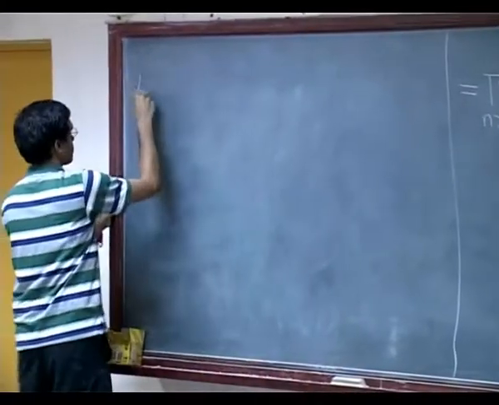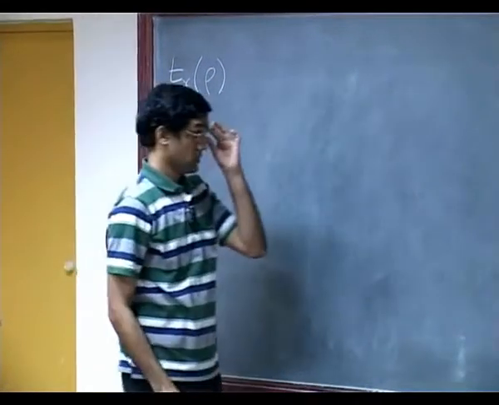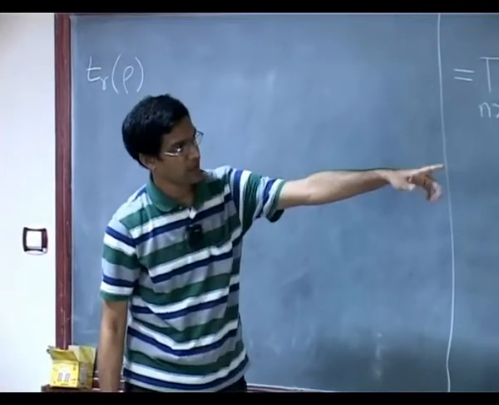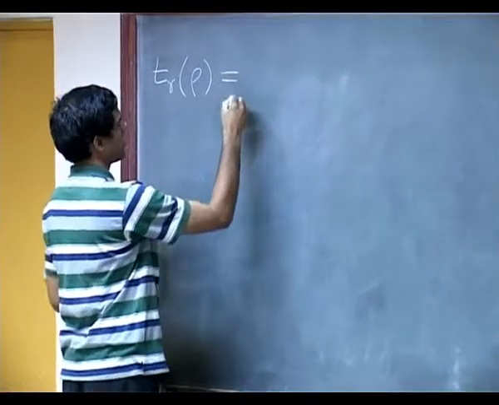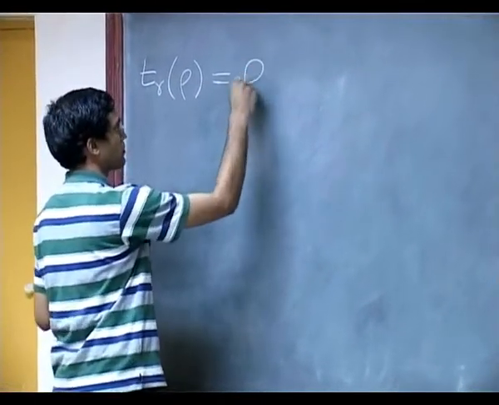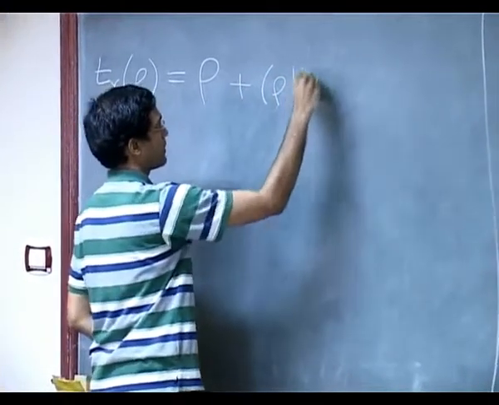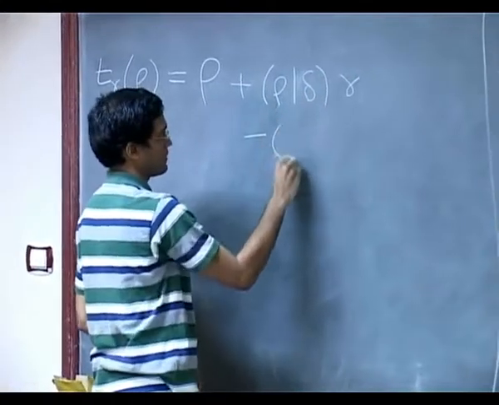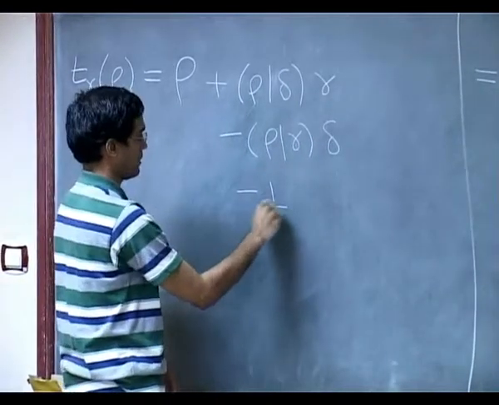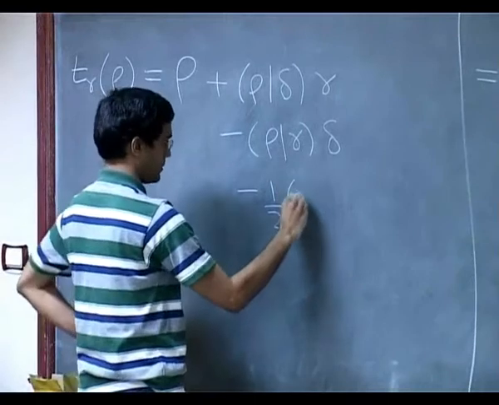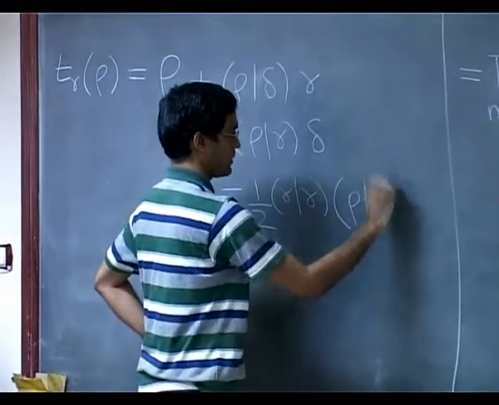Let's start with T gamma of rho. In fact, we know what gamma is, right? It's of the form n times alpha. But for now, let's keep it as T gamma of rho. By definition, from that magic formula from last time, it is rho plus rho delta theta minus rho theta delta minus half gamma gamma rho delta delta.